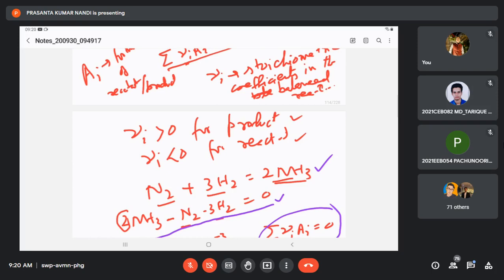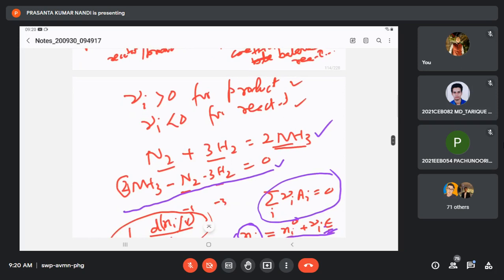So that's why I mentioned that nu_i, the stoichiometric coefficient, is greater than 0 when it is associated with a product, and negative when it is associated with a reactant species. Is it clear? If you have any doubt, you can raise any question, please.